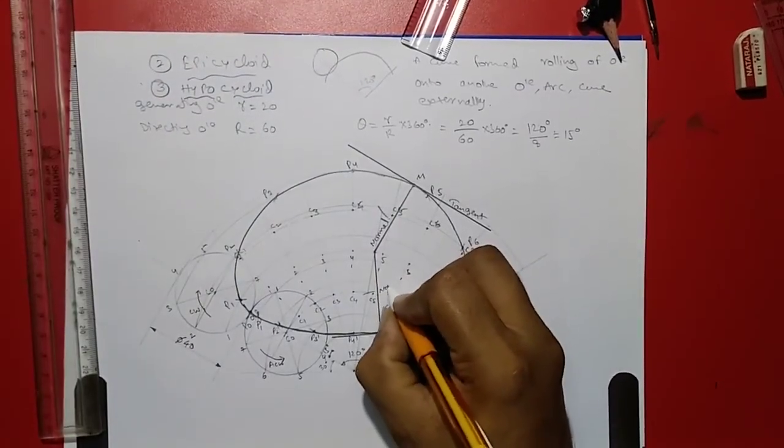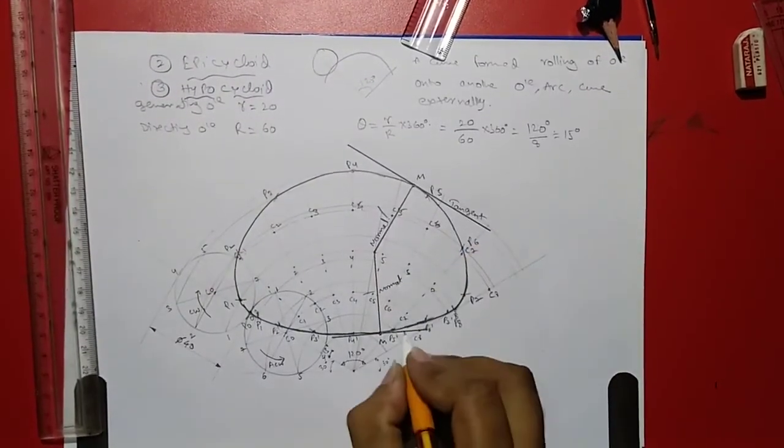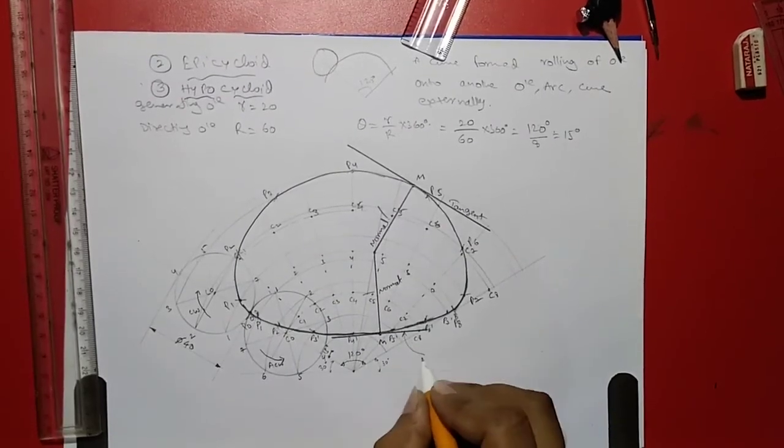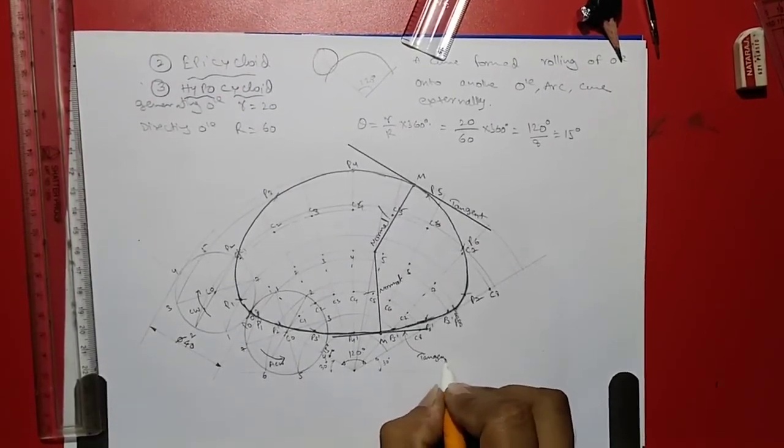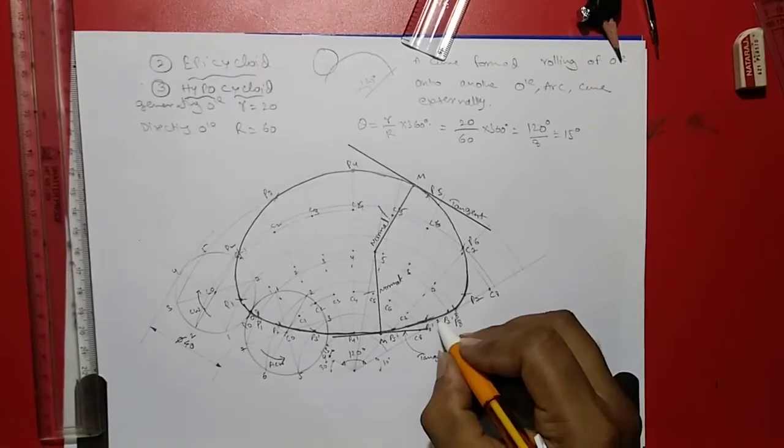This is the normal for the hypocycloid, and this is the tangent for the hypocycloid.